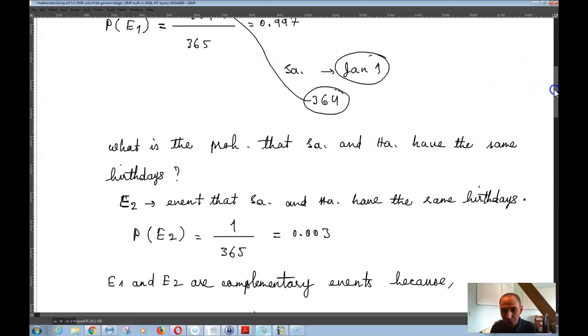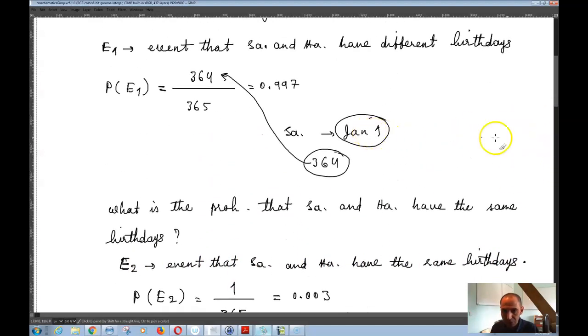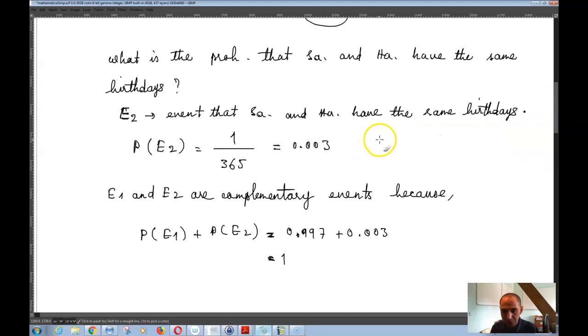Now over here we said that E2 was the event that Savita and Hamida have the same birthdays. Now we said that Savita was born on January 1st. If they had the exact same birthday, that means that Hamida was also born on the same day.